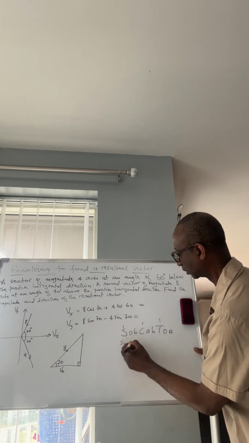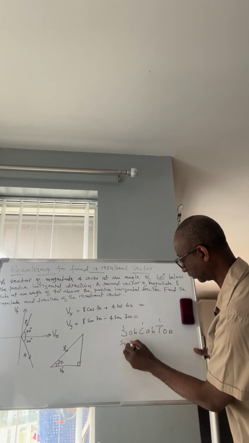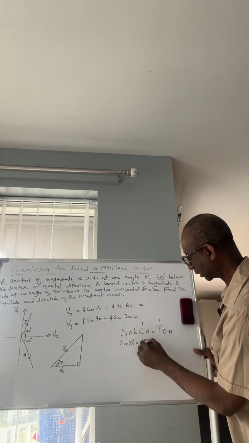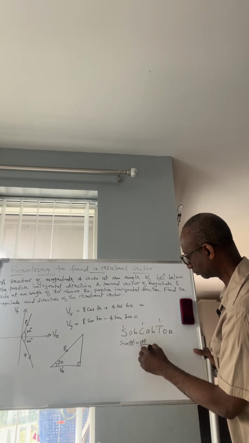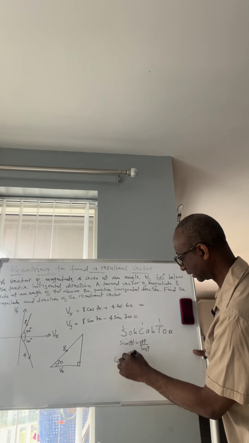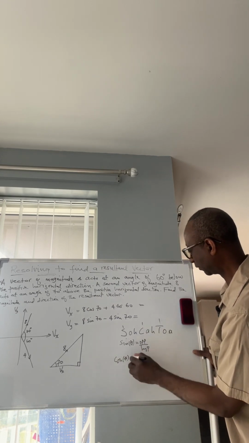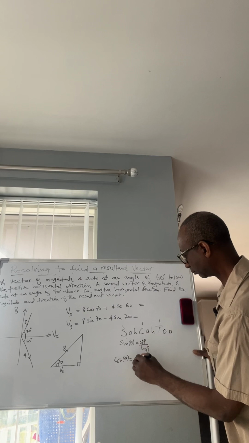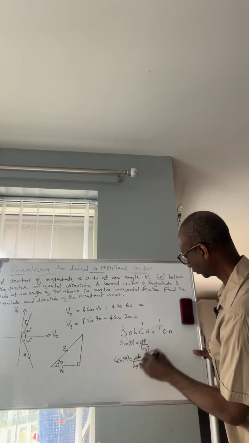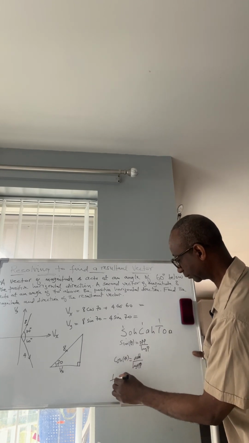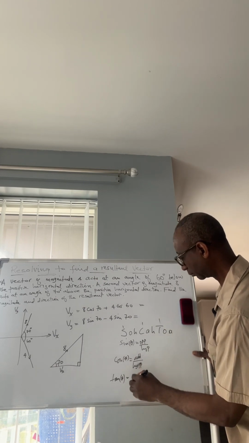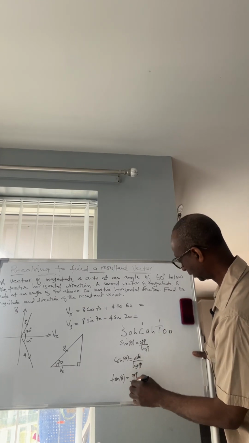Sine of theta, you are looking for the angle theta, the sine of it, you have opposite divided by hypotenuse. If you are looking now for the cosine of that theta, you have adjacent all over hypotenuse. If you are looking for the tangent of the angle, you have opposite all over adjacent.